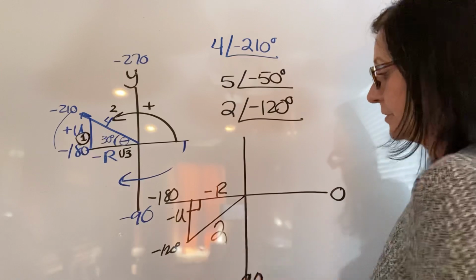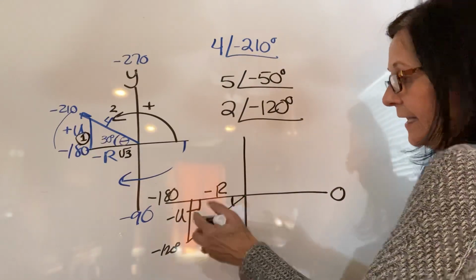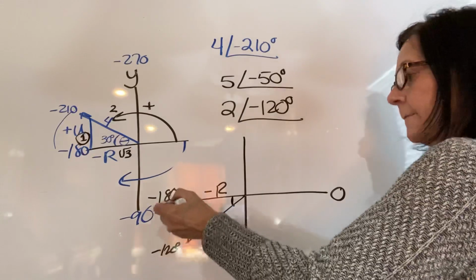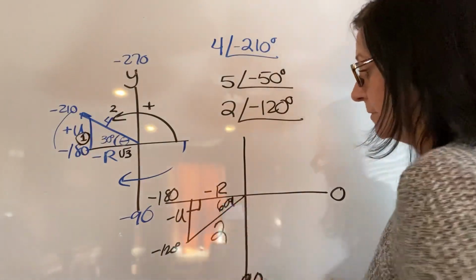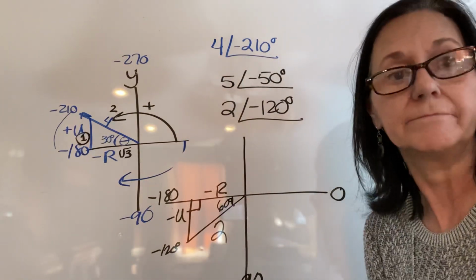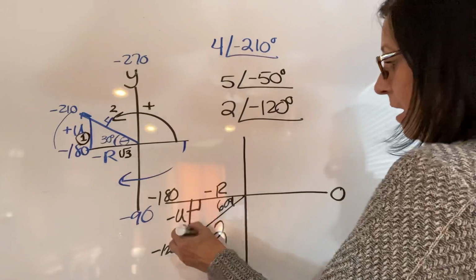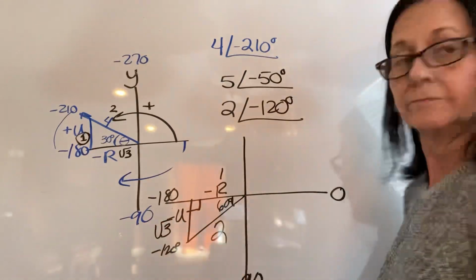The length of the vector magnitude is 2. This angle is the difference between 120 and 180. It will be a 60-degree angle. Because it's a 30-60-90, I would use the Pythagorean triplet. Opposite 30, that's 1. Square root of 3, 2.